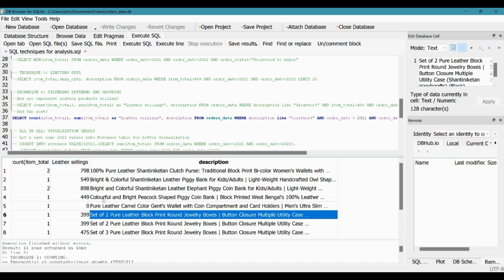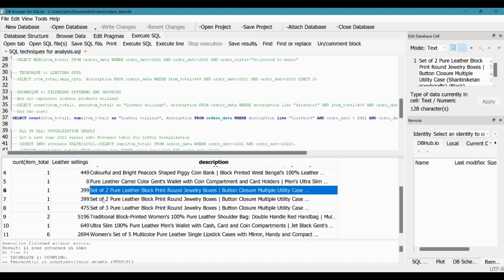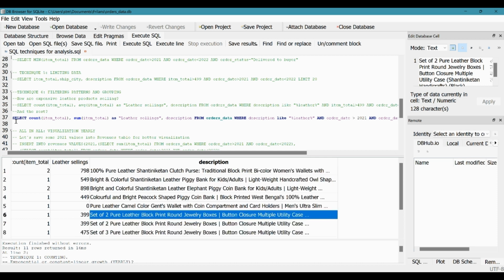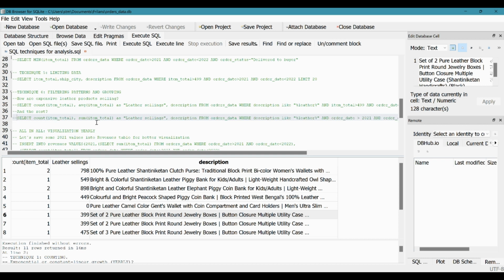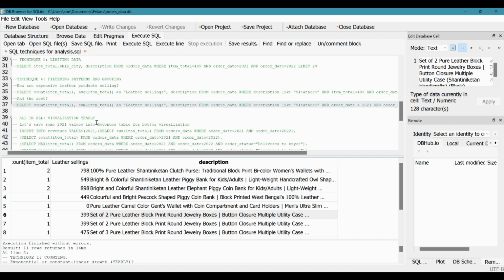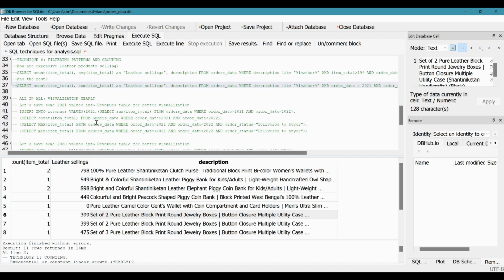But I can see that leather overall is an expensive product because mostly it goes more than 400, 450, 475. So maybe it's a product I should put my marketing effort into, especially if it's selling good now or in the latest period of the selling.